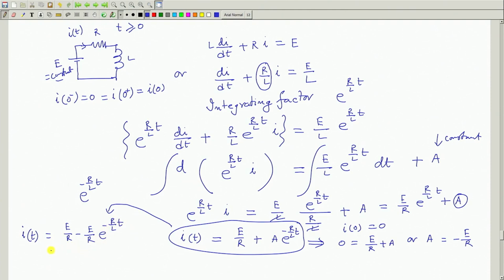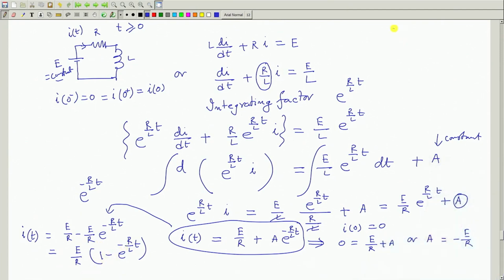This will be the solution, E by R into 1 minus e to the power minus R by L into t. So, the value of the current at t equal to 0, if you put, it is 0, because e to the power 0 is 1, 1 minus 1 is 0. Then it will grow exponentially.